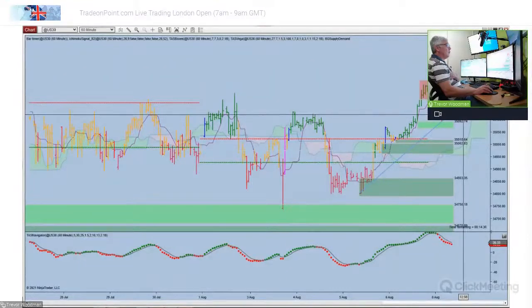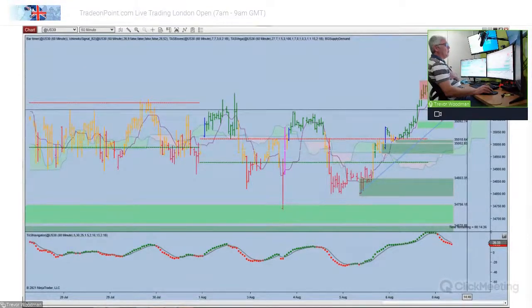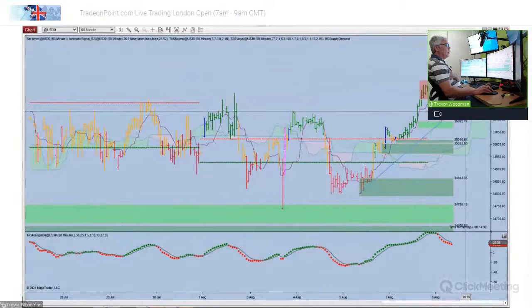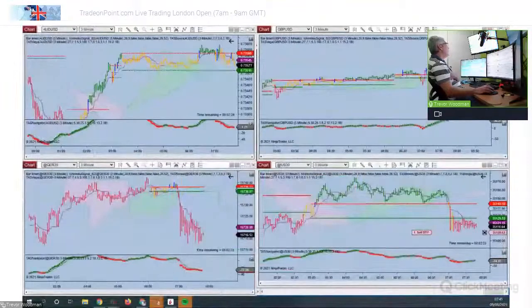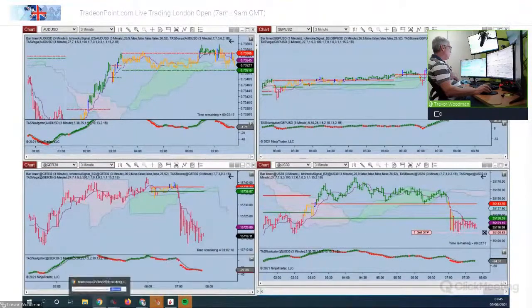But it would be nice for this to rip about 20 points higher or 15 points higher, fail, and then we can get into a trade, and straight away we're in the money as soon as we start to move down, should the market want to go short. So that's kind of what I'm looking at this morning. Nice and simple.